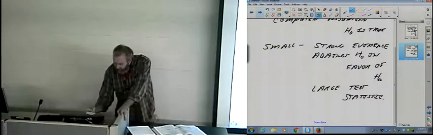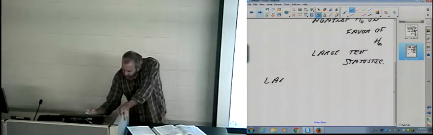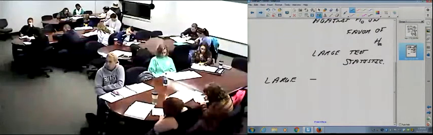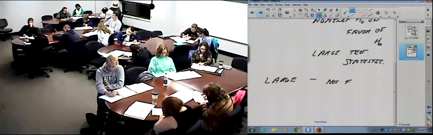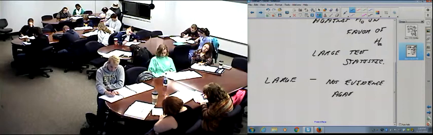If you have a large p-value, that's not evidence against H naught.